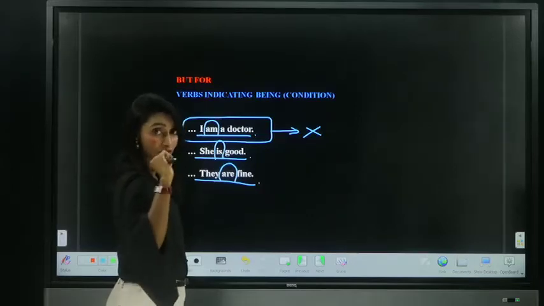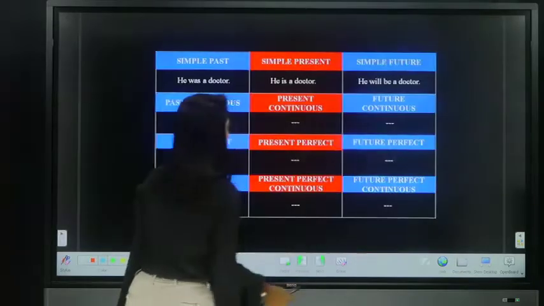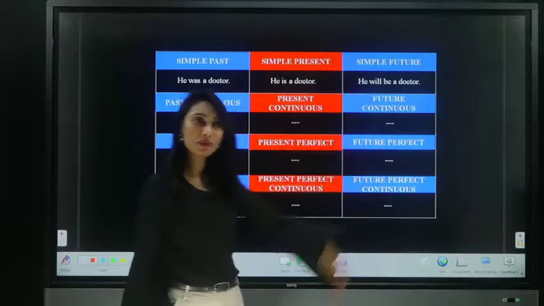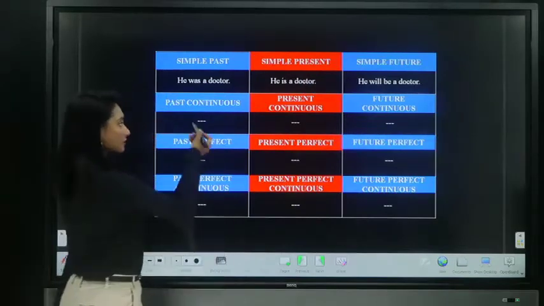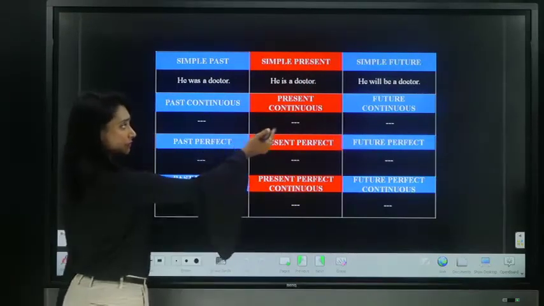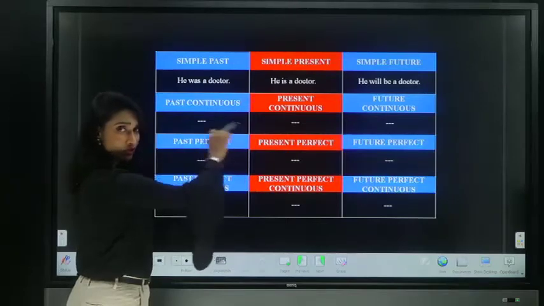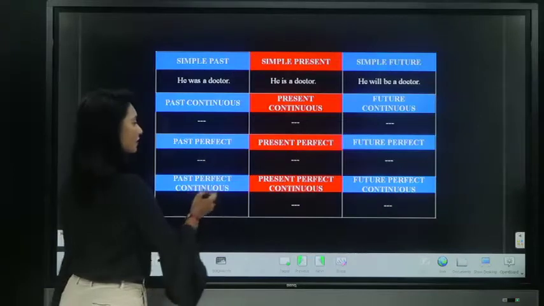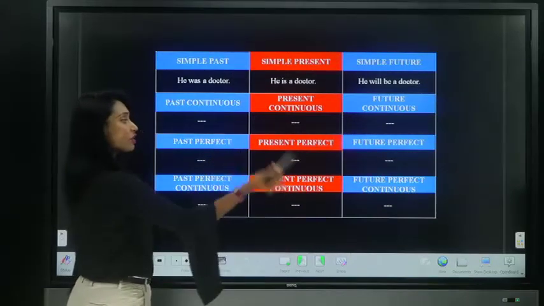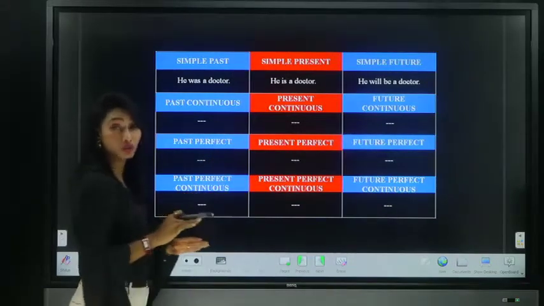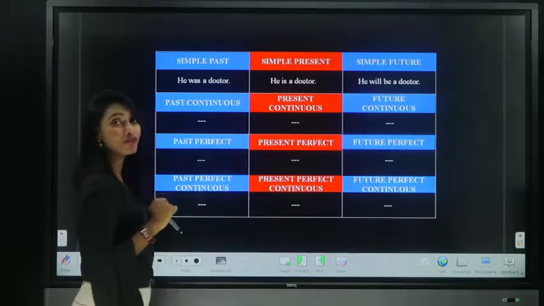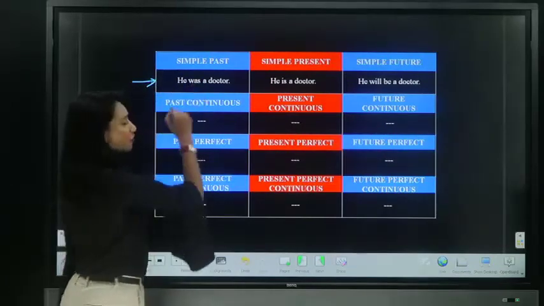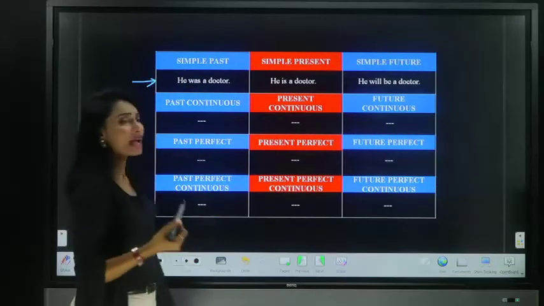Three, simple future. For example, he was a doctor. He is a doctor. He will be a doctor. You cannot write in present continuous, past continuous or future continuous, nor in perfect continuous forms. There are no sentences. Remember, for verbs of being, condition, only three forms are possible: simple present, simple past, and simple future.